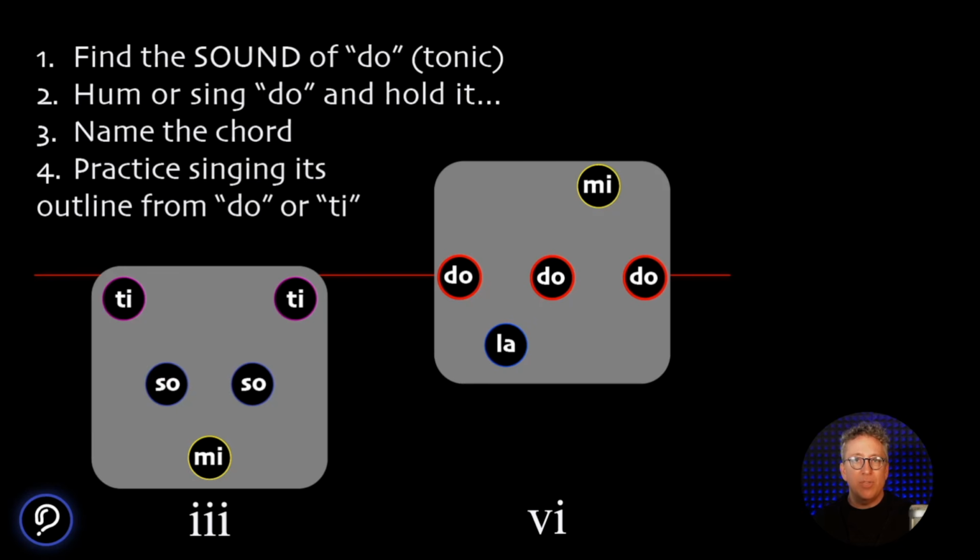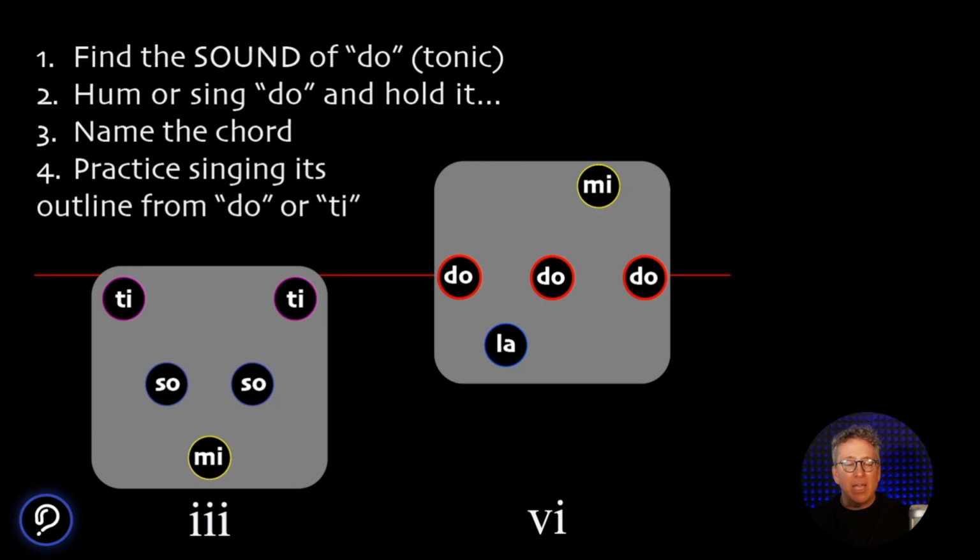And in this case, we know that it's the 6th chord because it contains do out of those 2. And I'm going to sing this pattern here. Do, la, do, mi, do. That process of outlining those chords from the note do is the first step into a much higher level of skill in identifying all chords.